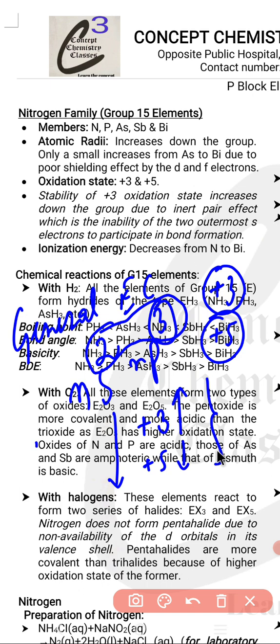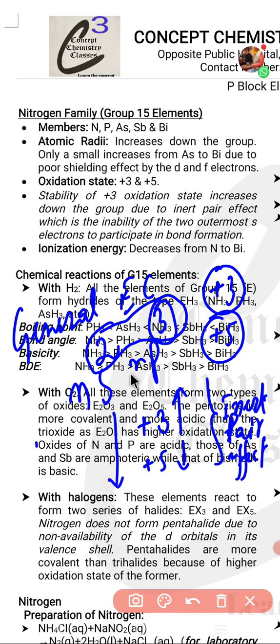This is due to the inert pair effect, which is again due to poor shielding by the d and f electrons. Stability of +3 oxidation state increases down the group due to the inert pair effect, which is the inability of the 2 outermost s electrons to participate in bond formation.